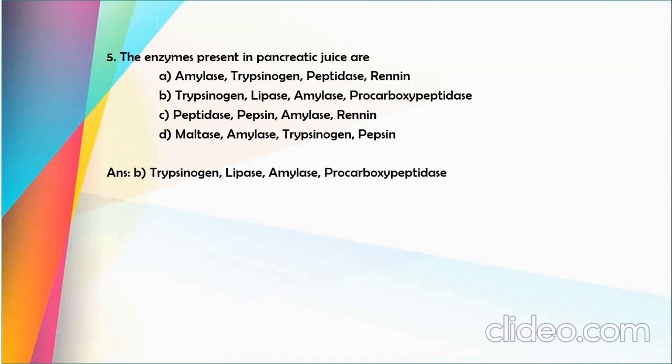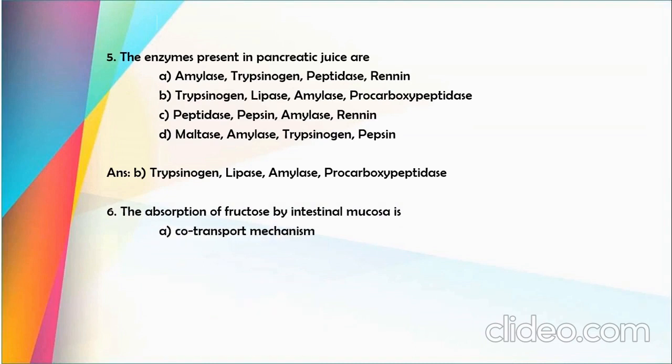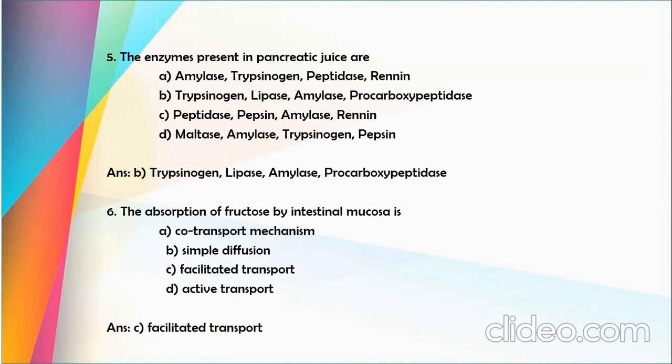And the answer is B, which is trypsinogen, lipase, amylase and procarboxypeptidase. Next question: the absorption of fructose by intestinal mucosa is A co-transport mechanism, B simple diffusion, C facilitated transport, D active transport, and the answer is C, which is facilitated transport.